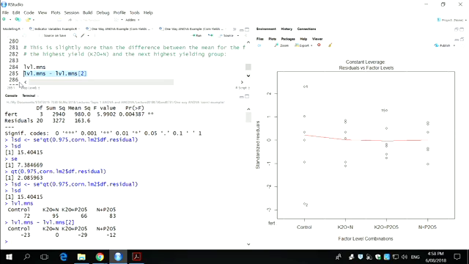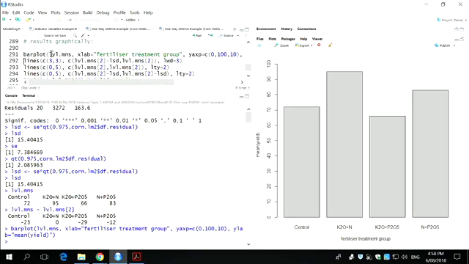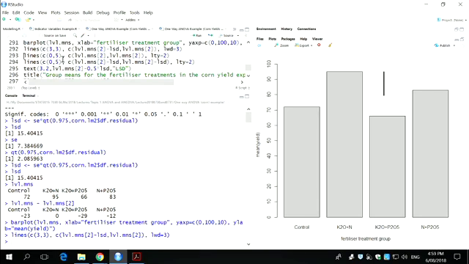Okay, so how would I interpret that best? Well, I think the best way to do it is graphically. So here's a bar plot of the level means. Here's a little line. What is that little line?